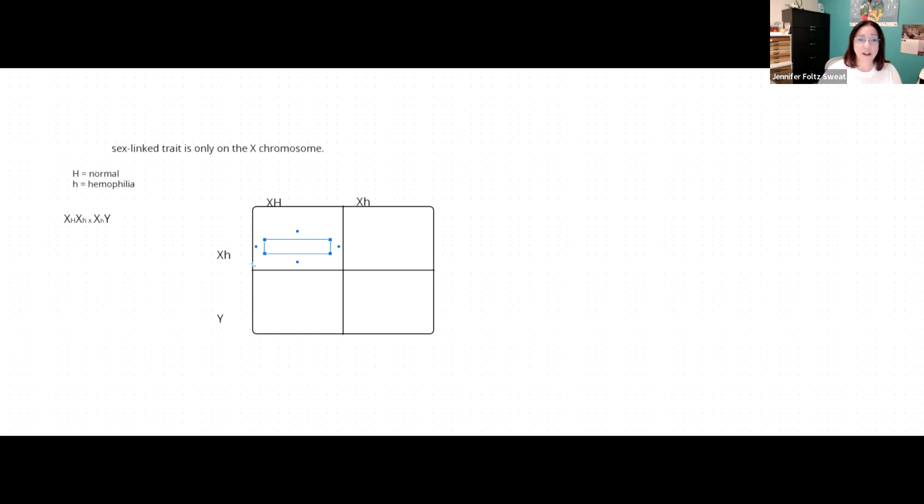Okay, we have X big H, X little h in our first square, and same in this square. So what you can see here is that the daughters are 100% carriers.